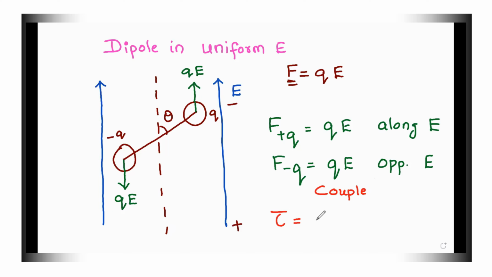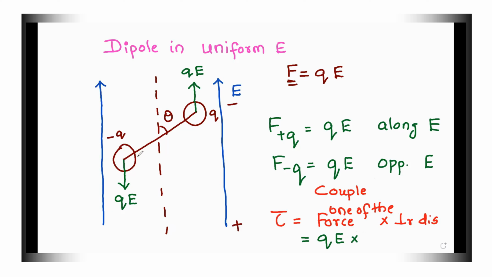So I can write torque is equal to, as we learned in grade 11, one of the forces into the perpendicular distance. Now let's see the perpendicular distance from the diagram. First we will write one of the forces, QE, into the perpendicular distance.